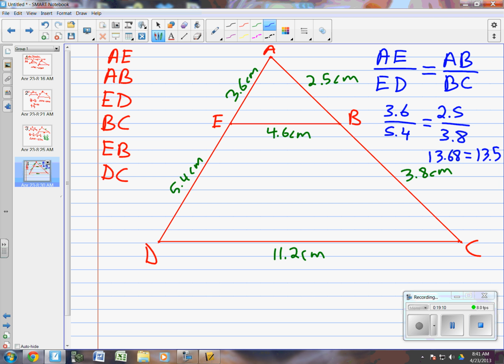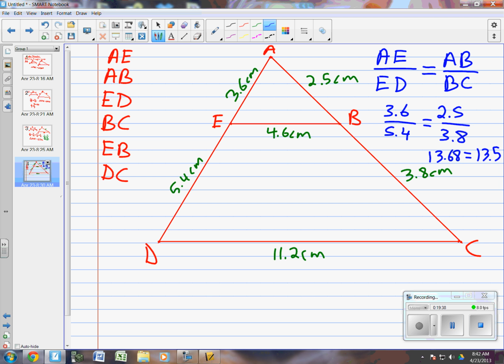Actually, they should be right on if we had accurate measuring tools, but because we're only measuring to the nearest tenth of a centimeter, we're going to be off a little bit. But that's pretty close. What I wanted to show you guys is that these proportions are equal. AE over ED should be proportional to AB over BC, if these two lines, EB and DC, are parallel.